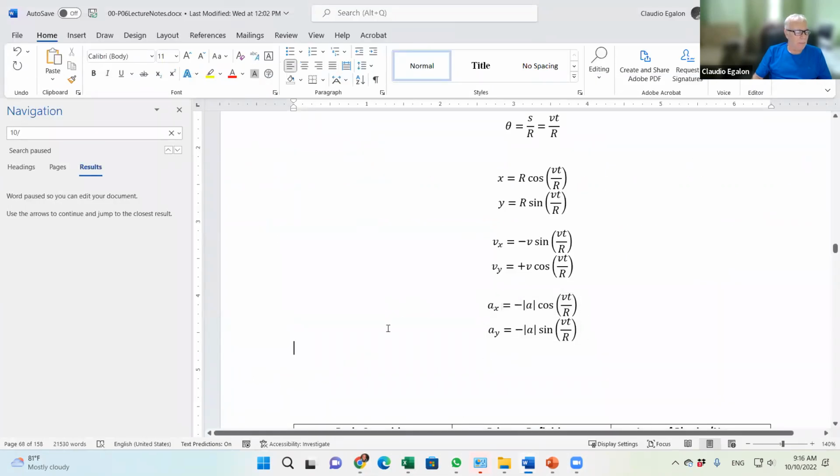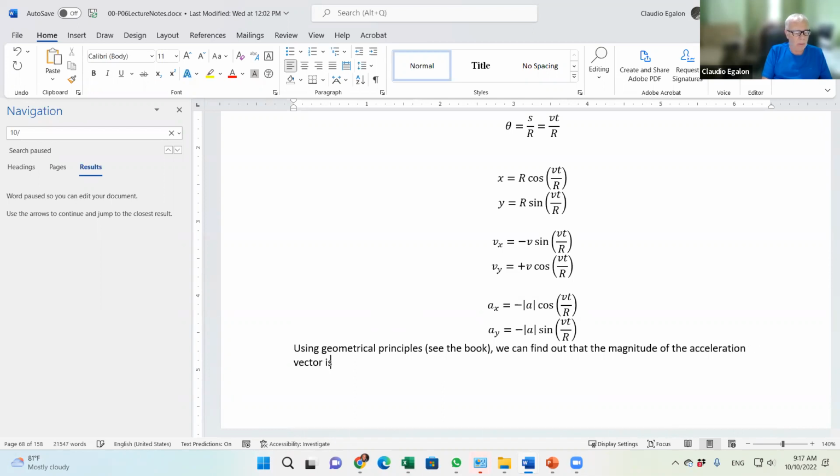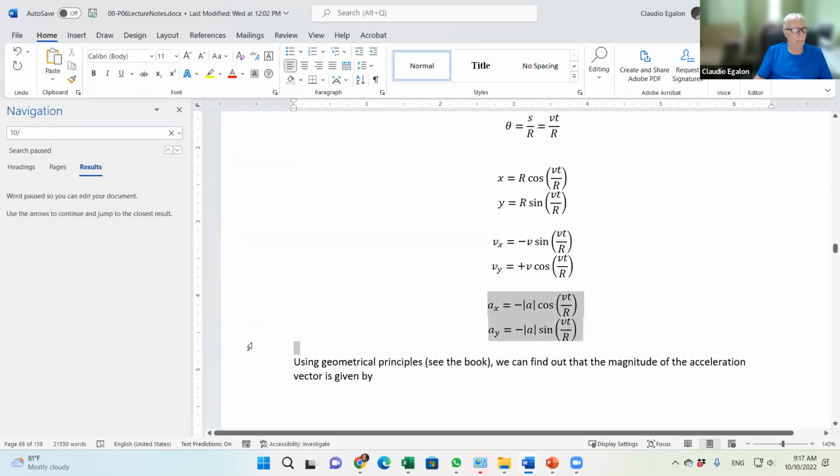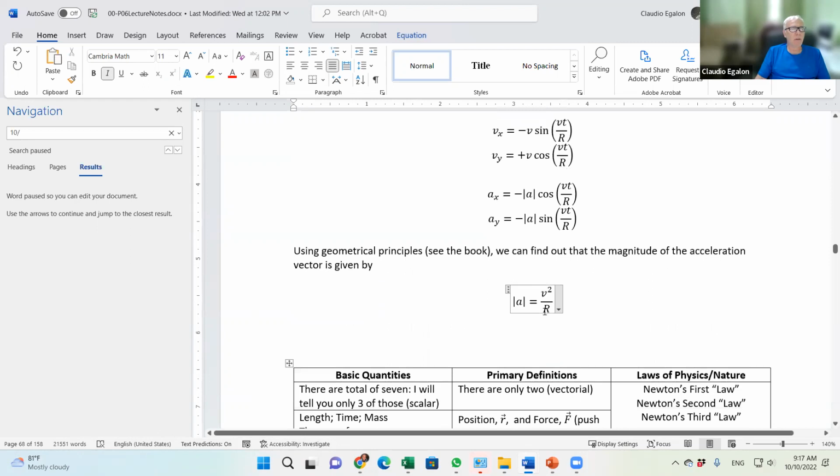So using geometrical principles in the book, we can find out that the magnitude of the acceleration vector is given by v squared over R. I'm using a different notation than the book is using.